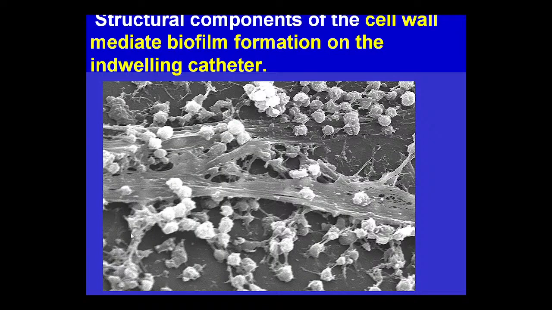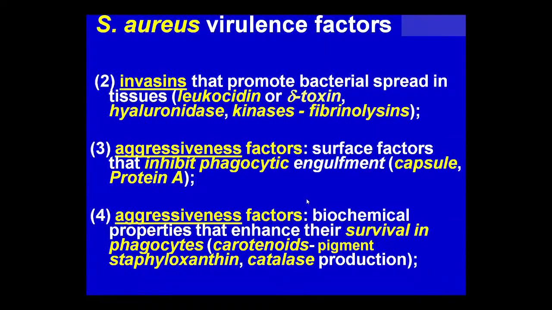So then you can see that those adhesins and structural components of the Staphylococcus aureus cell wall mediate so-called biofilm formation on indwelling catheters, for example, and this is really very dangerous for intravenous and urinary catheters, right? But also it may make this biofilm within the human tissues.